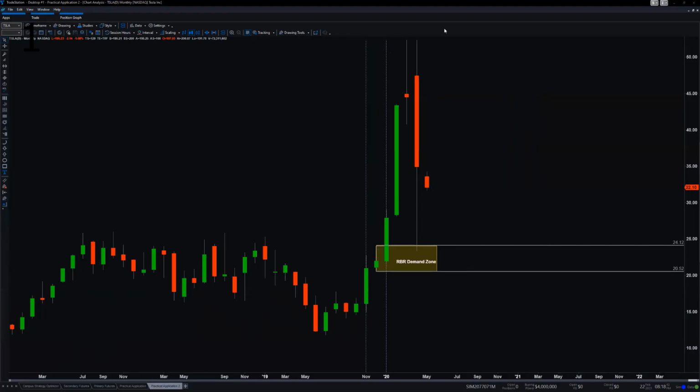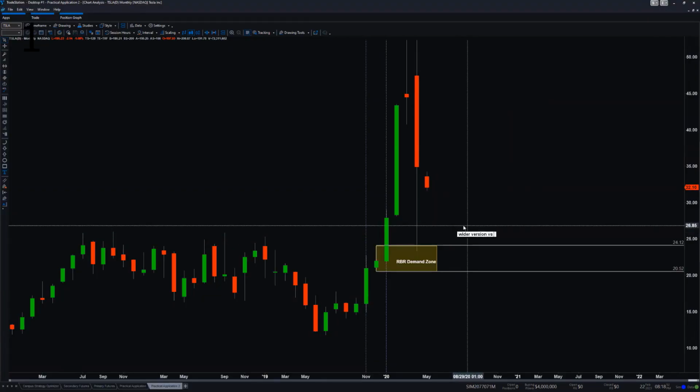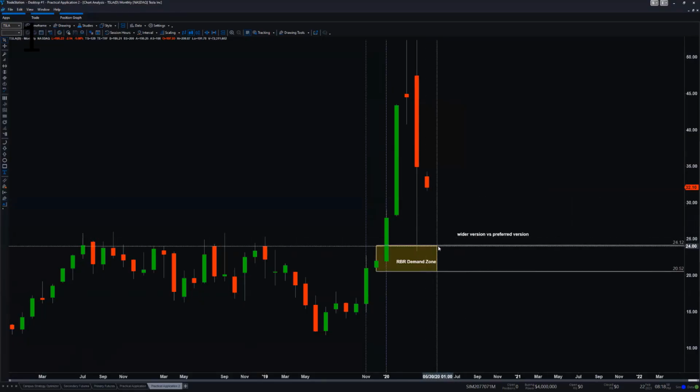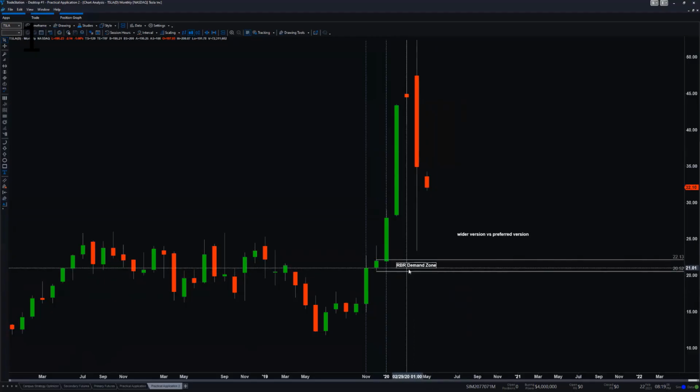Now, what's interesting to see in this case is this is the wider version. And if we had put our line around the preferred version, right here, the issue would have been that price never got into the proximal of the demand zone, the $22 mark, right?